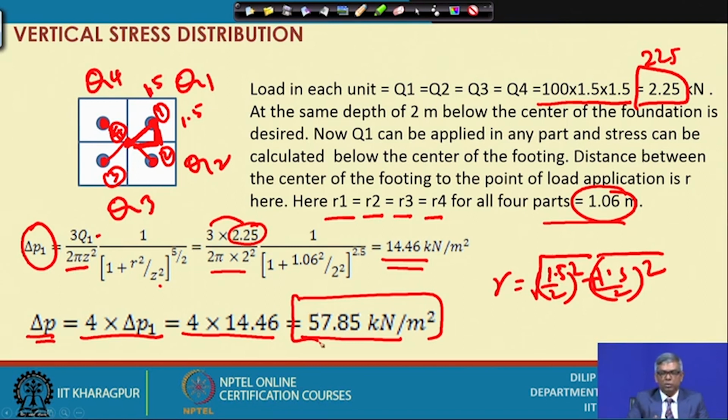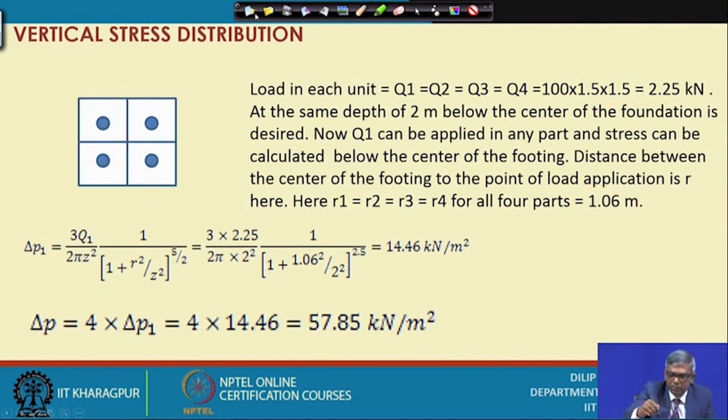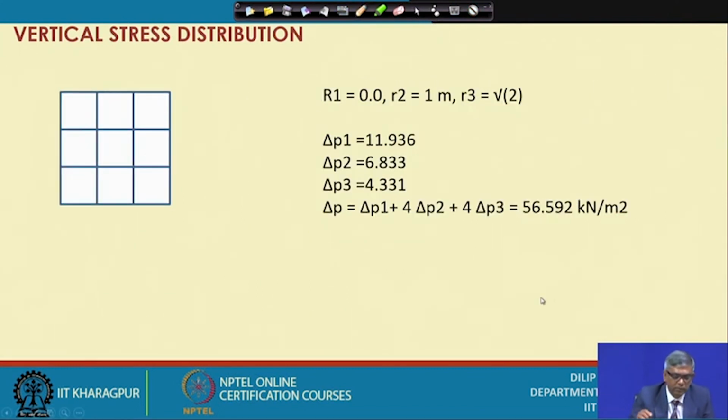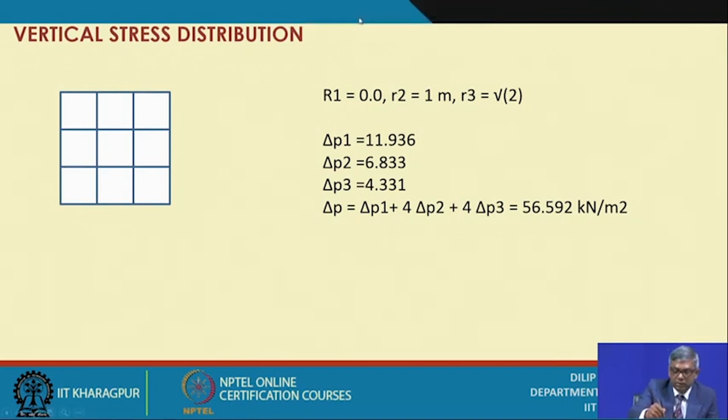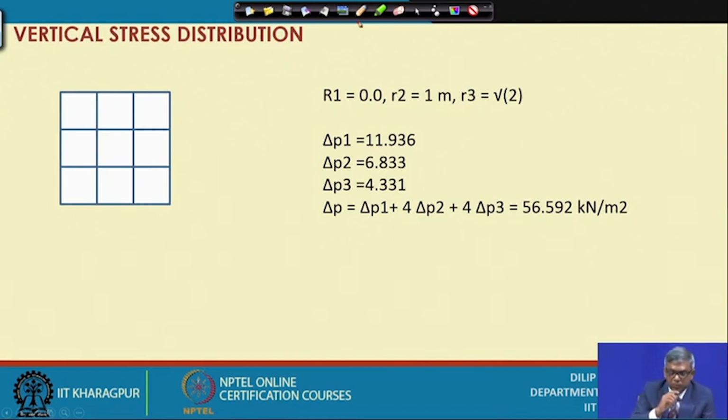So, now I will try to show you dividing it into, suppose, 9 divisions. If I do that, how will it be? So, suppose 9 divisions are made, and you can see that we can number them. R2 becomes 1 meter, since the total was 3 meter.